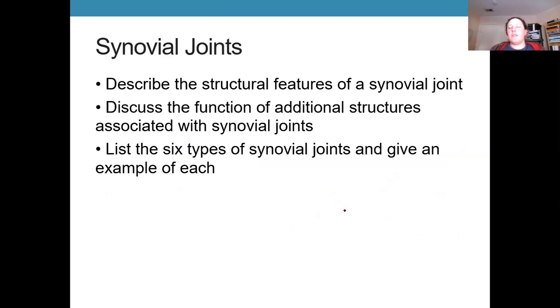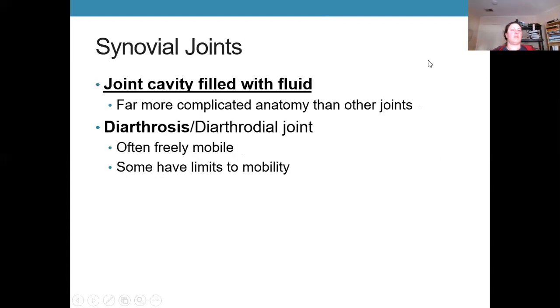So then our third structural option is synovial joints. And synovial joints are a little bit more complicated, so we're going to go into a little bit more detail. All right, so the reason why synovial joints are more complicated is because these are the joints that are fully movable. So these are also diarthroses.